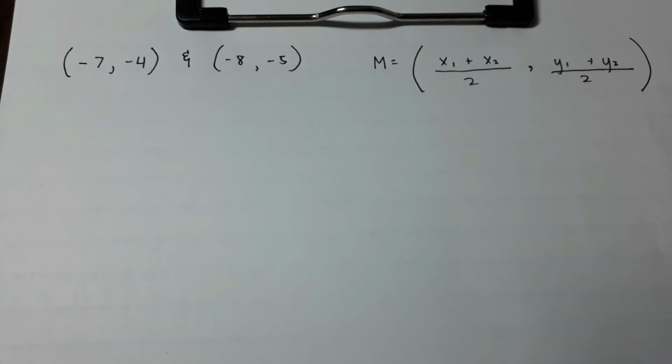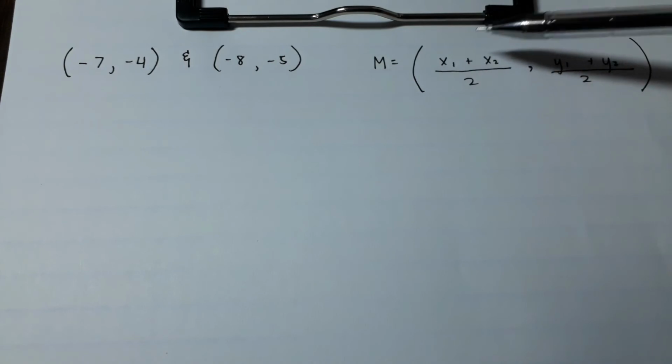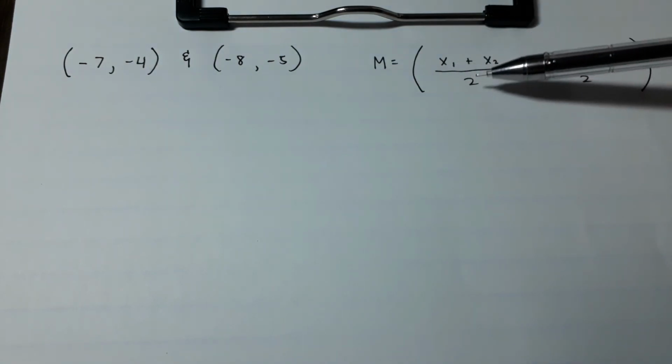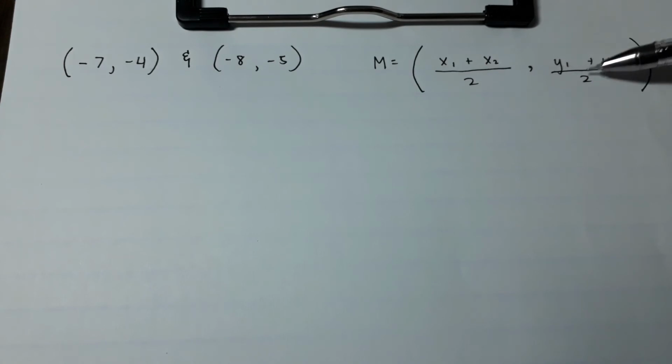Okay, so now finally we're here to discuss the midpoint formula. Now we're going to use this equation to find the midpoint, where M is equal to x sub 1 plus x sub 2 divided by 2 and y sub 1 plus y sub 2 divided by 2.